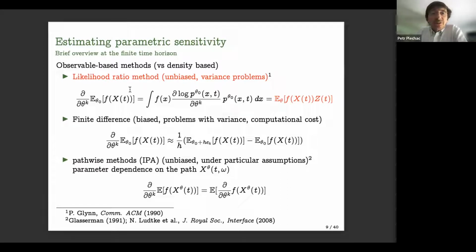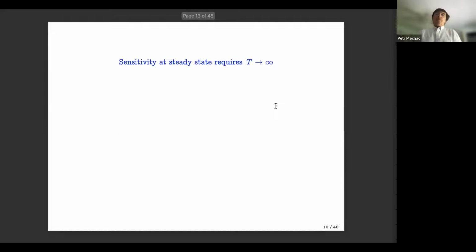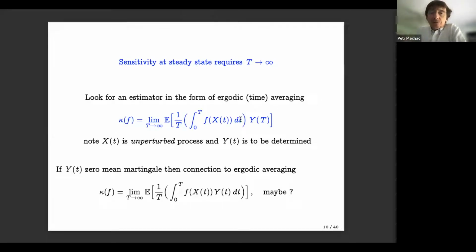So we will study the approach which is based on likelihood ratio, which essentially means to construct a reweighting process, the log likelihood process Z, for our perturbed dynamics and use that for estimating the parametric sensitivity of this observable F. So the question is, of course, whether, if we use time averaging, because we have this ergodic system, we can construct an estimator which is based on time averaging of the observable reweighted by a suitable process Y, which should be an analog to this log likelihood process for our dynamics.